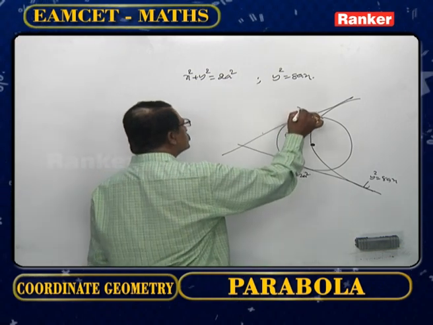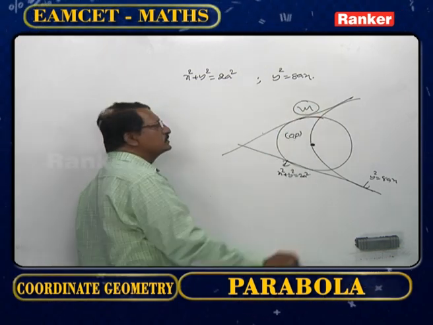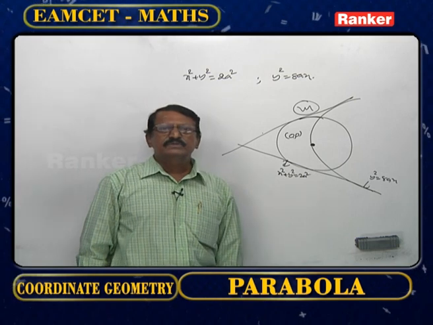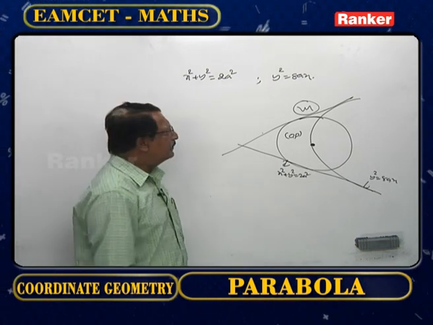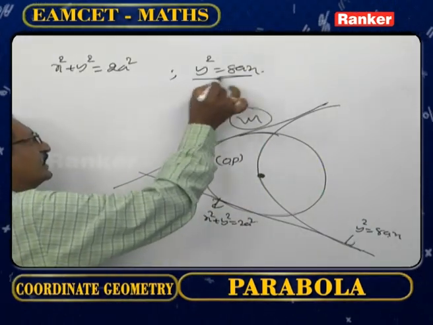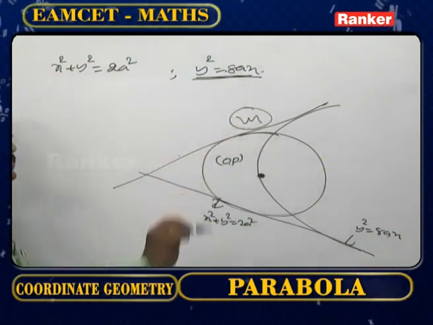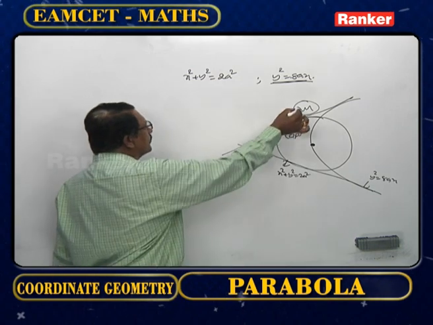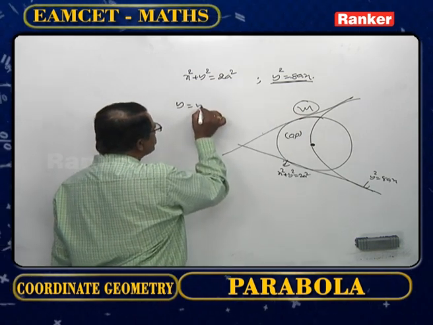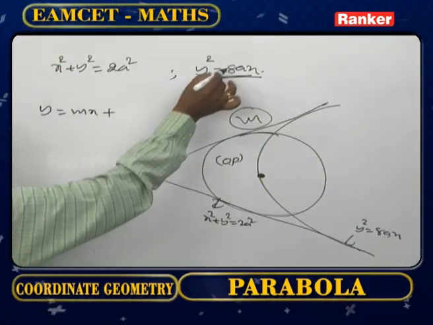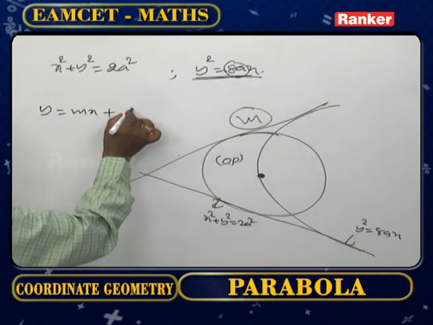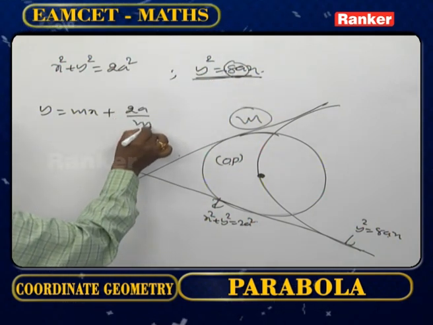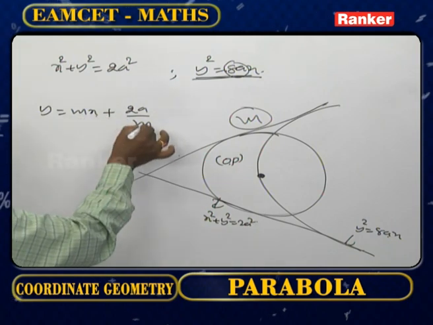Suppose we consider the slope of the common tangent to be m. Now, the equation of the tangent to the parabola with slope m is y equals mx plus 2a by m.